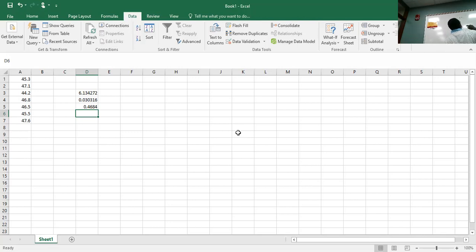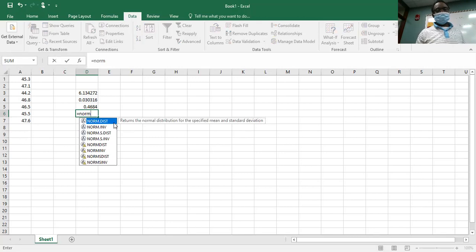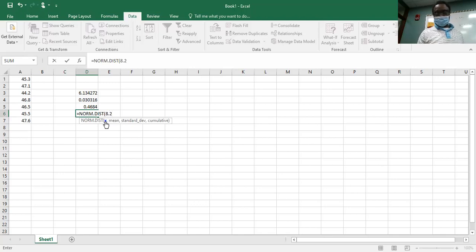So you want x to be less than 8.2. So you will have equal to normal, because it is less than, you just use it directly. 8.2, the mean 8.9, the standard deviation 1.6.